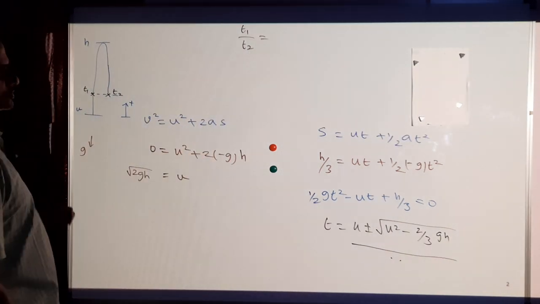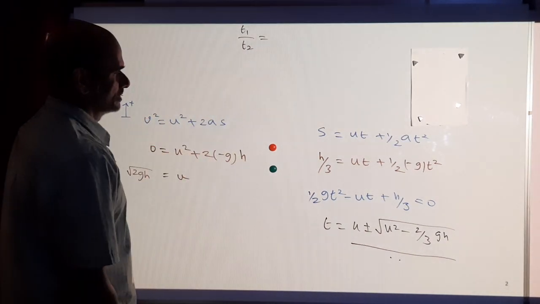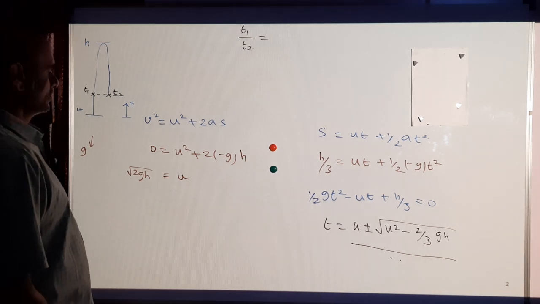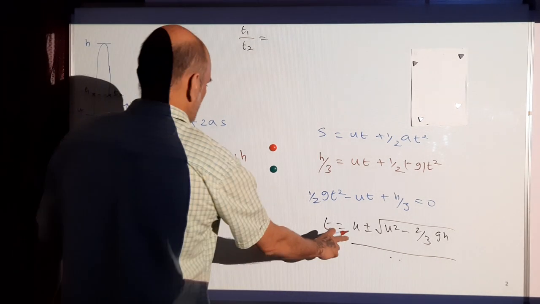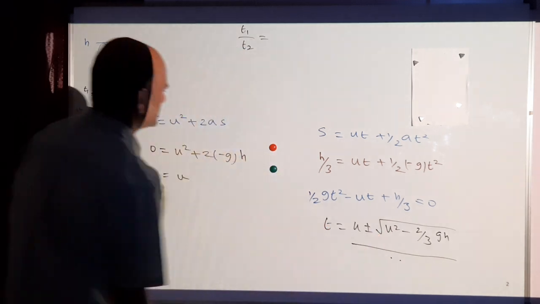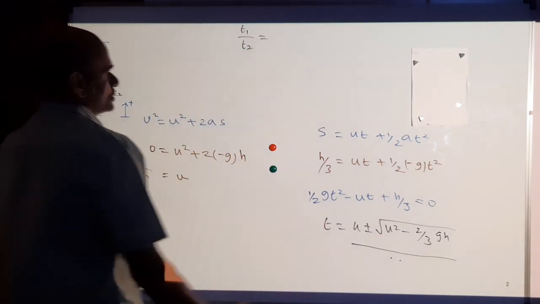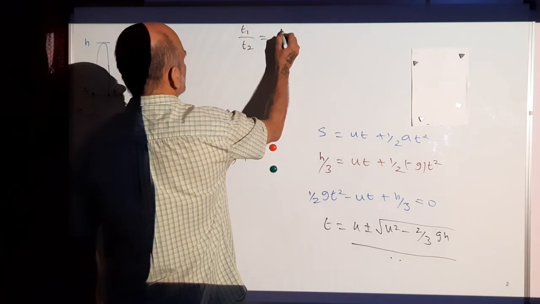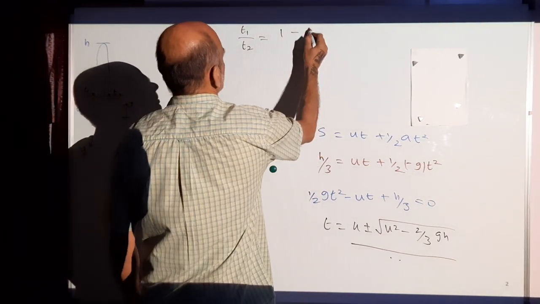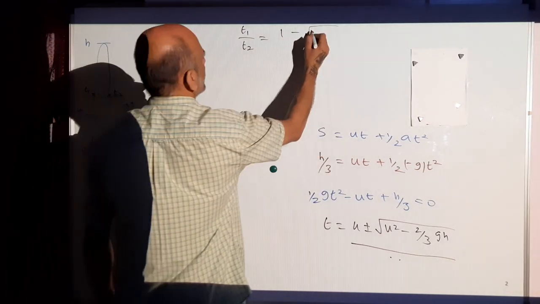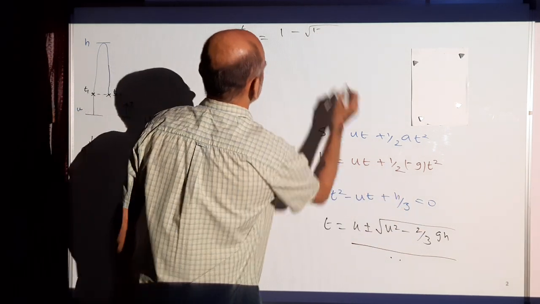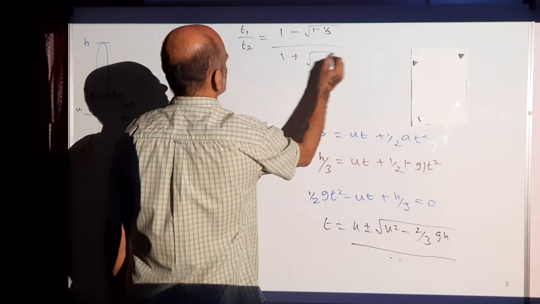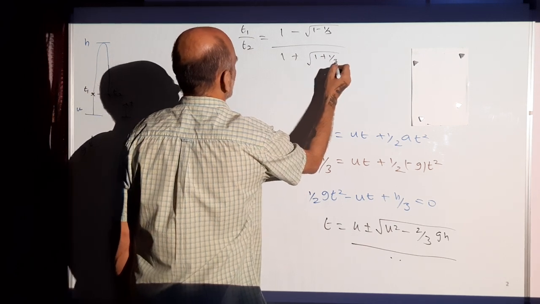T1 is the lesser time, so I have to put the minus sign, and u is square root of 2gh. So here root 2gh is there, here 2gh is there. So I can cancel root 2gh. So it will become 1 minus square root of 1 minus 1/3, divided by 1 plus square root of 1 minus 1/3.